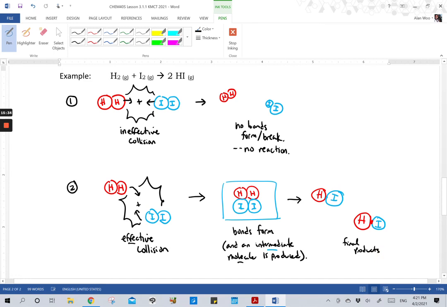But all this doesn't happen unless you have effective collisions. At every step of the way, your initial reactants collide, there's an effective collision to form your intermediate molecules. These intermediate molecules will also collide with other intermediate molecules effectively to form your final products.